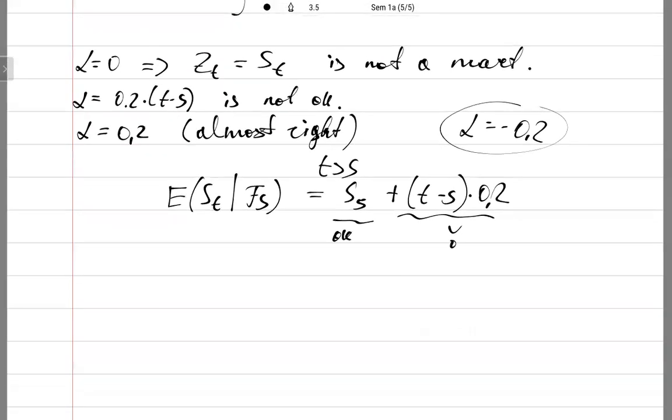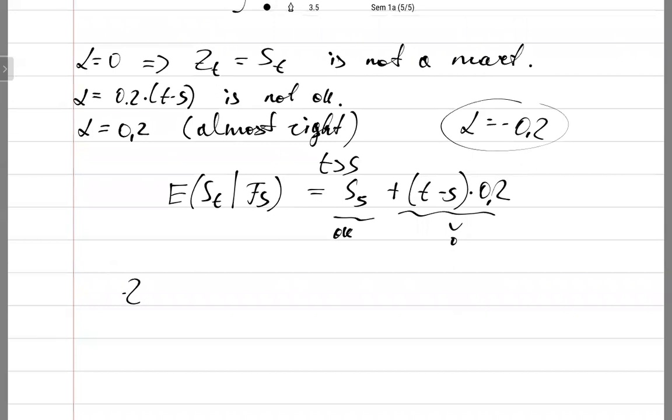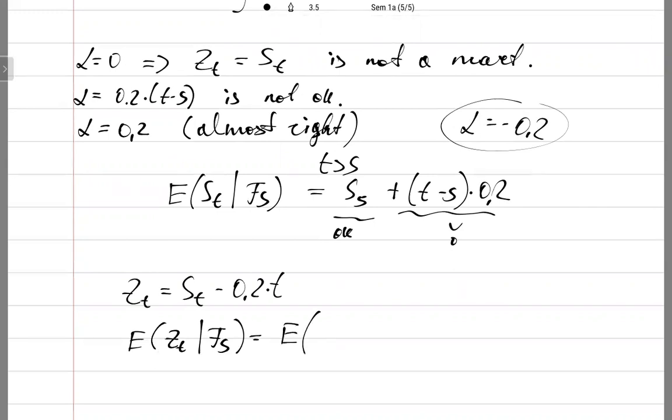So let's check formally. If I consider ZT, that is ST minus 0.2 times T, let's consider the best prediction of ZT given Fs. It's the expected value of ST minus 0.2 times T given Fs.